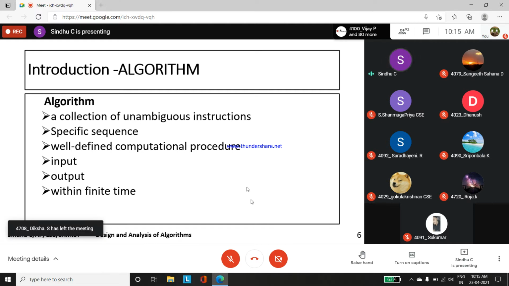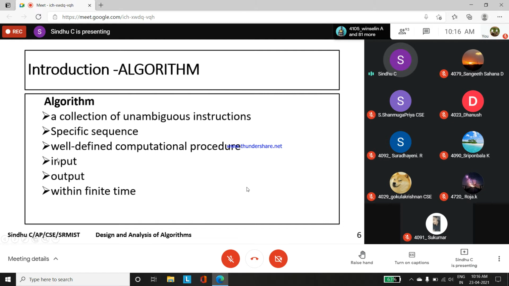And these are the characteristics of algorithms. You should have a specific sequence: first this instruction, then this instruction, and so on. Then it should have some kind of computation, only then it can process and give you an output.